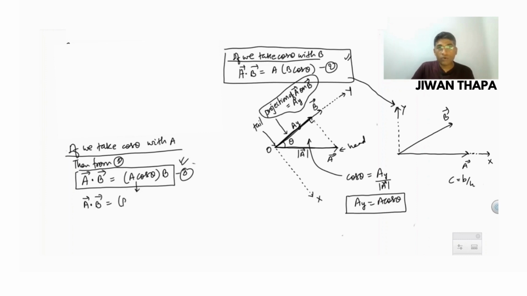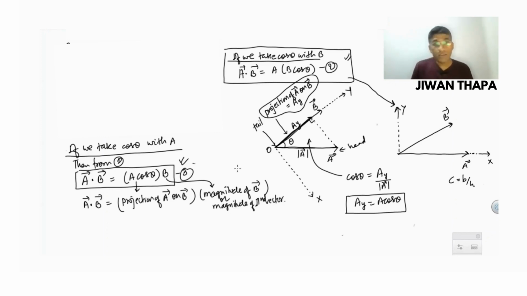This is the projection of vector A on vector B, and this is the magnitude of vector B, the second vector. So this is to be noted.